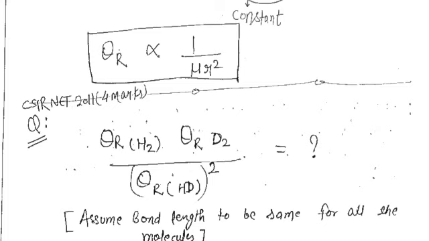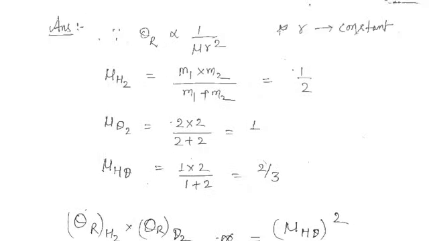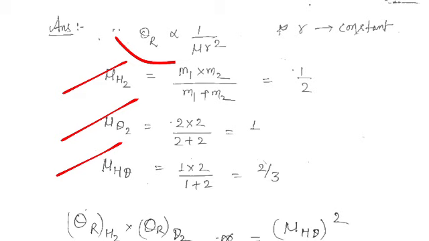Alright, so let's see how to do it. As we know, theta r is inversely proportional to nu r square. R is constant. So first of all, we need three nu values: nu for H2, nu for D2, and nu for HD. We know the nu formula, m1 m2 upon m1 plus m2. Here m1 and m2 are the same for H2, since both are hydrogen atoms, and likewise for D2 both are deuterium atoms. But for HD it is different.